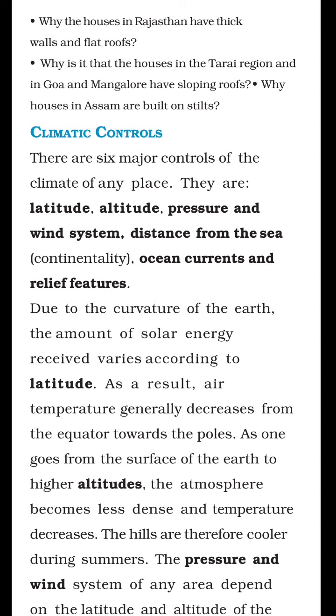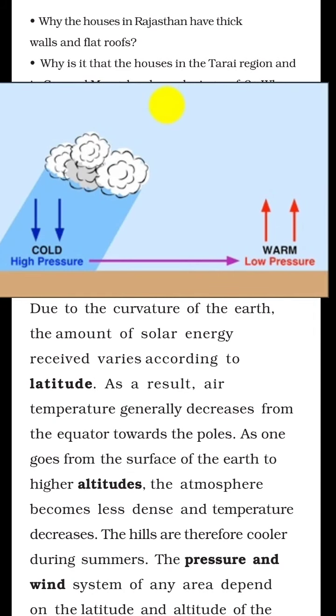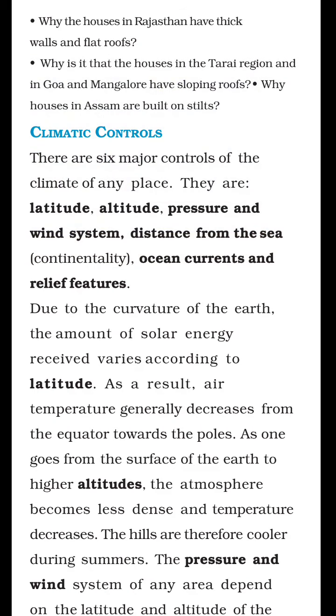This pressure gives stability to our body. The pressure of the wind can be seen in the altitude and latitude places, and it influences the temperature and rain pattern. Then the distance from the sea increases the moderating influence.